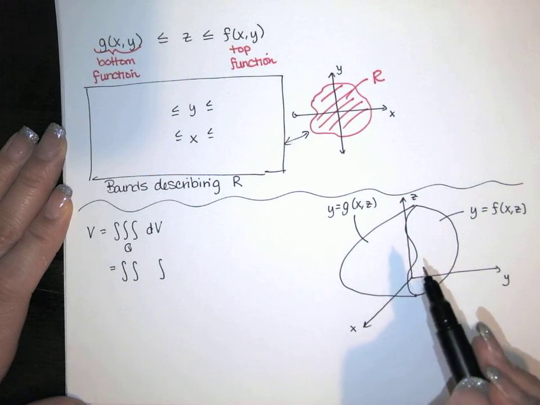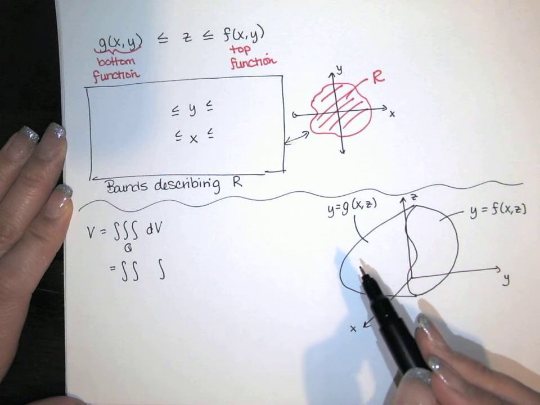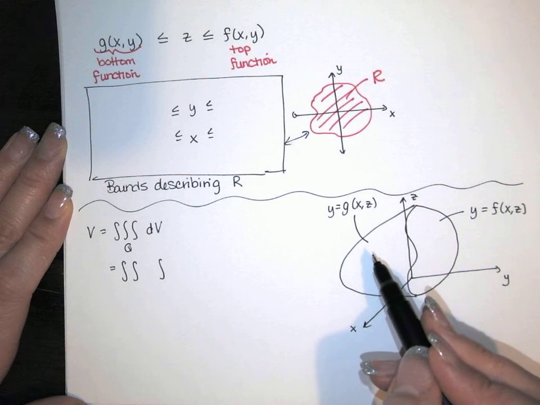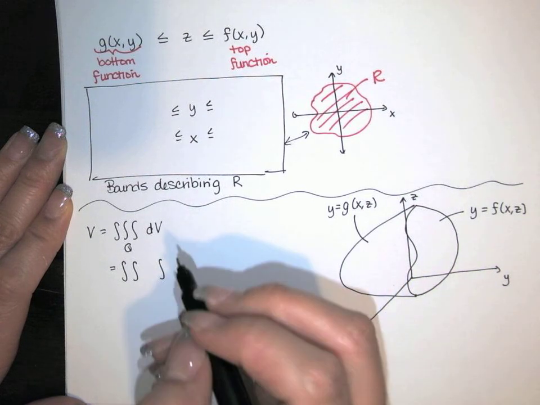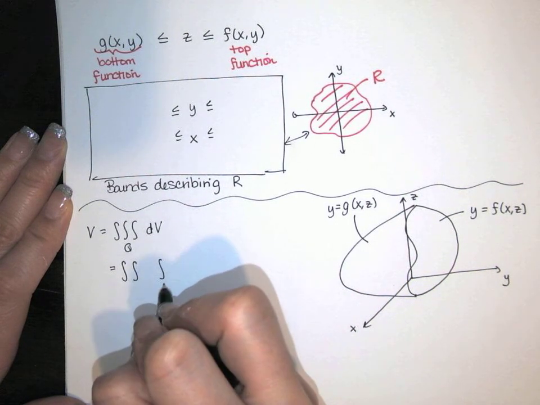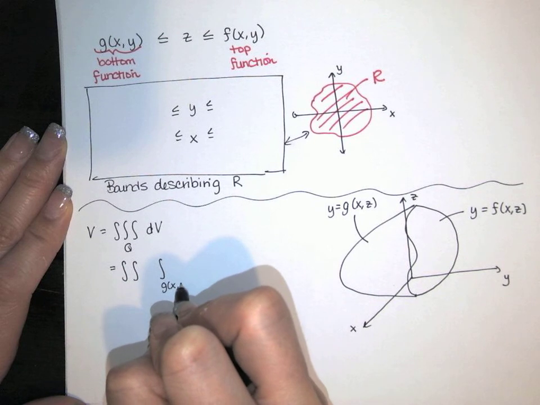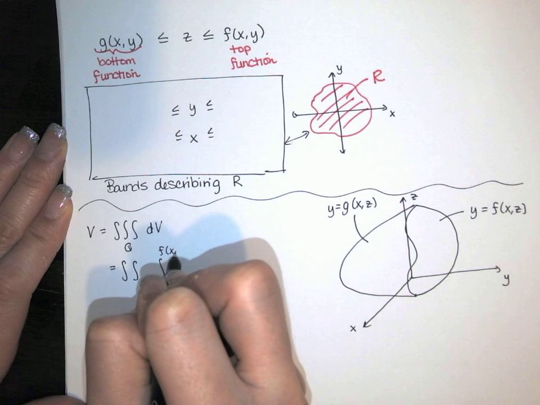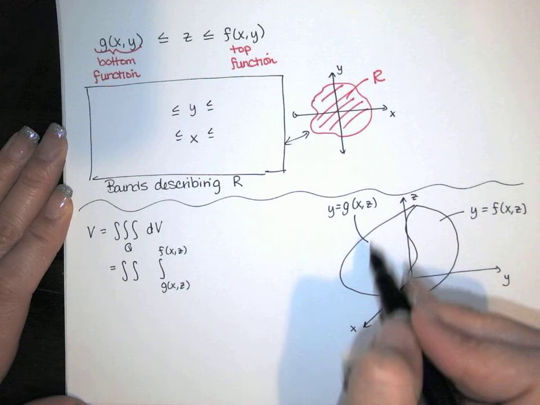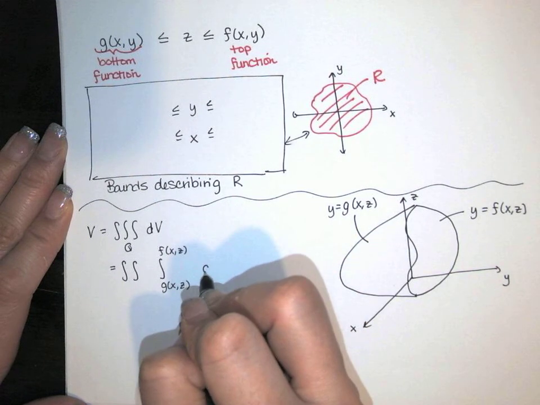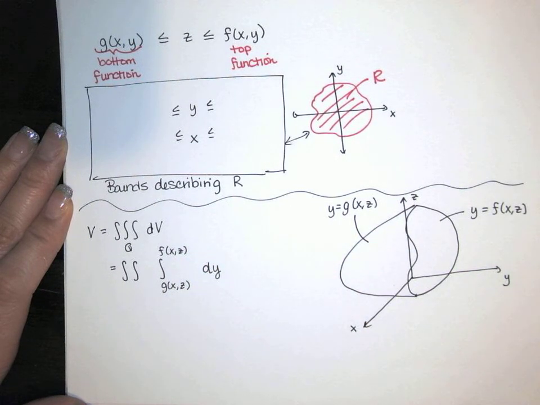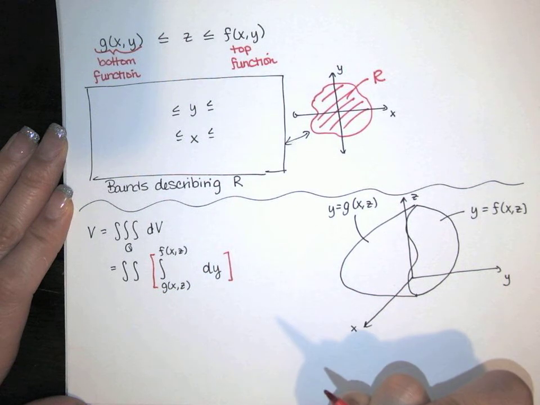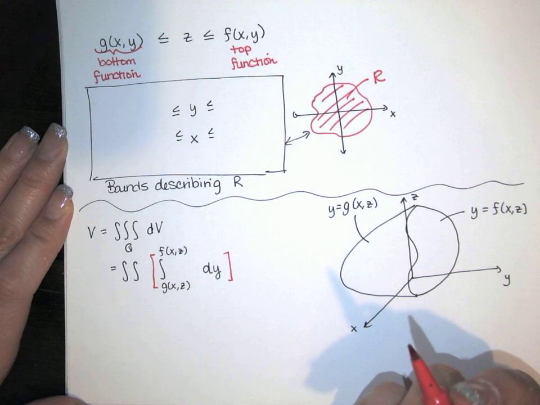But since y is going from a smaller function to a larger function, in this case it's going from a left function to a right function, I might want to integrate with respect to y first. So I'll let y go from that left function to the right function. Notice that these depend on x and z. So then we integrate that with respect to y, and we get these bounds.